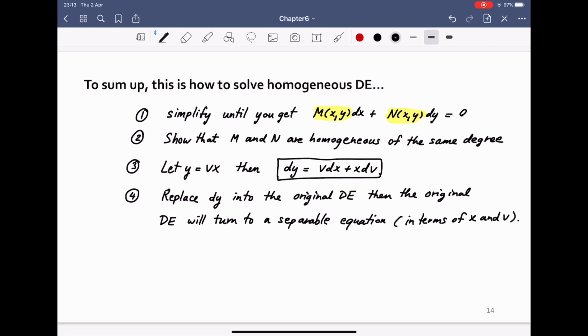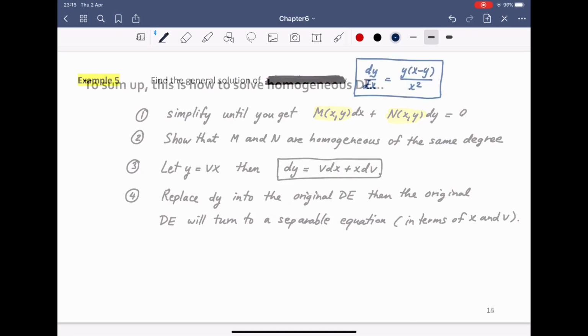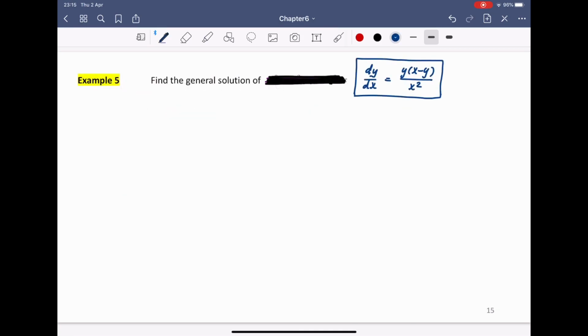Well, we will show you how to do it in the next example. Now let's take a look at example 5. Find a general solution of this differential equation dy by dx equal to y times (x minus y) over x squared. So you can see that I changed the question from the lecture note. There's nothing wrong with that question. It is just too long. So we're gonna start with the simple example first.